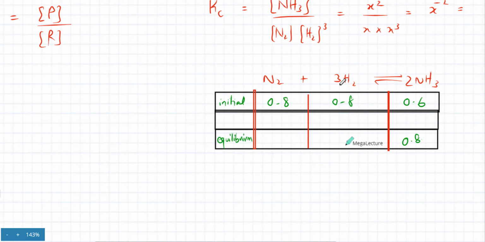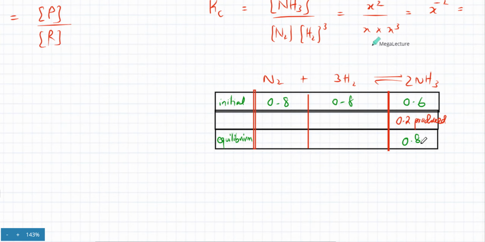If you had added 0.6 moles initially, and at equilibrium you have 0.8 moles, the difference is that 0.2 moles got produced. At the start you had added 0.6 moles, but when you checked after several days, there were 0.8 moles present. So 0.2 moles extra were produced.